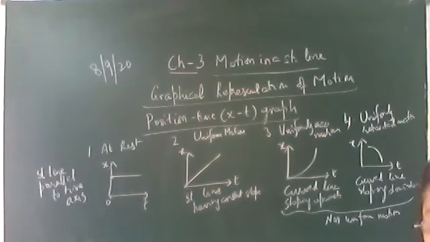Uniform motion is a straight line but having constant slope. For uniformly accelerated and retarded motion, these being non-uniform motions, the graph is a curved line. If uniformly accelerated, it will be sloping upwards. If uniformly retarded, it will be sloping downwards.